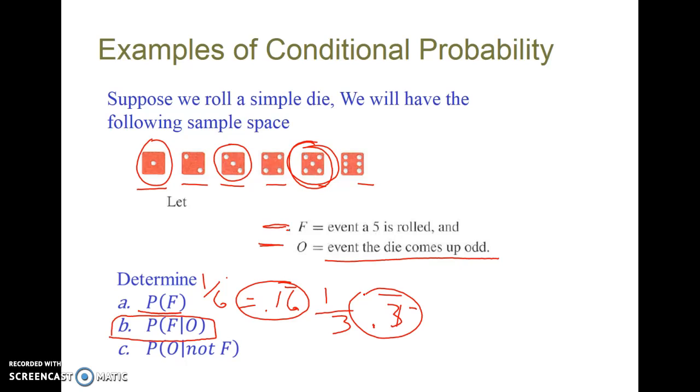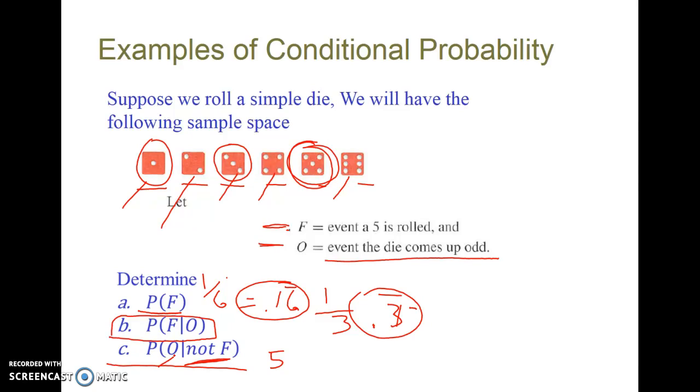Okay? So this is the answer for part A, this would be the answer for part B, and then this is where it gets kind of complicated. We're going to move on to part C. We want to know the probability of O if it's not F that occurred. If F is that a 5 was rolled, not F would be all the other possibilities, specifically the 1, 2, 3, 4, or 6. So there are 5 specific outcomes for not F. If that has happened, how many of those 5 outcomes would be O, would be odd?